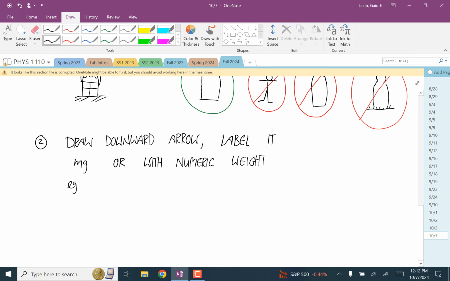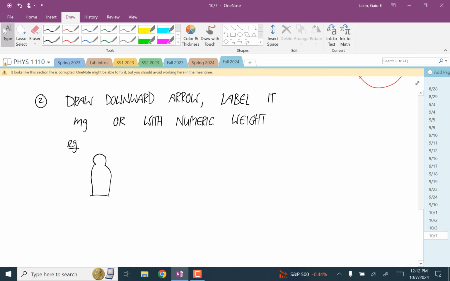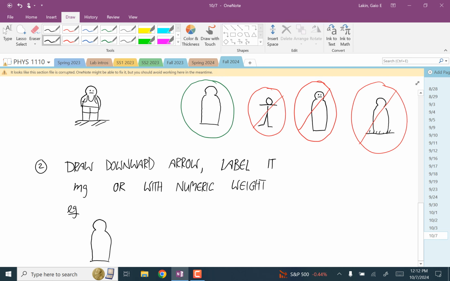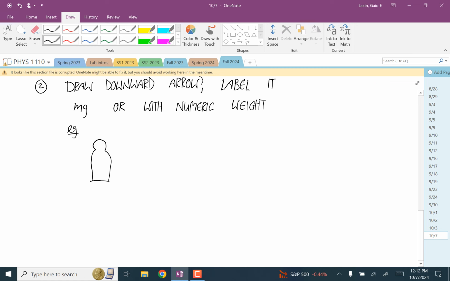So for example, now that you have your outline of the person, and this downward arrow, by the way, should be at the center of the object, you know, coming from the center. So I'm going to draw the downward arrow like that.